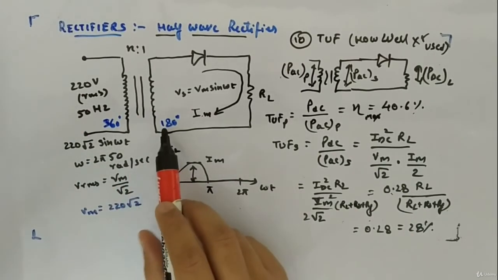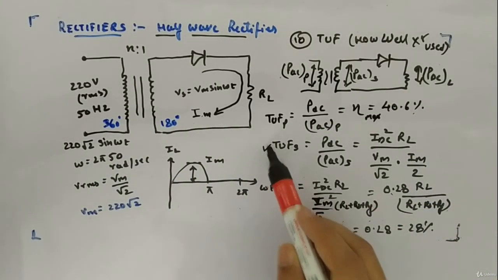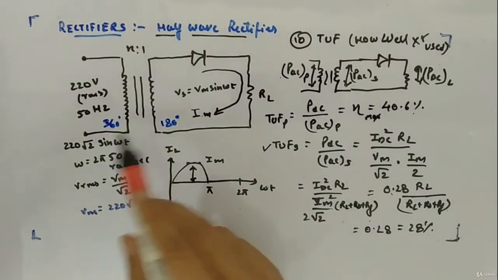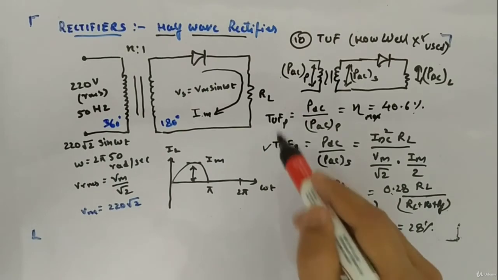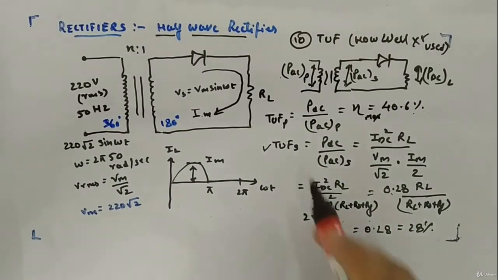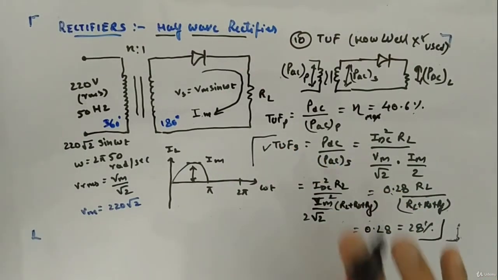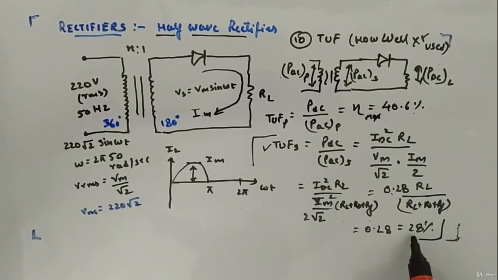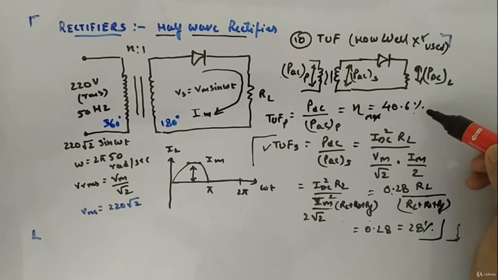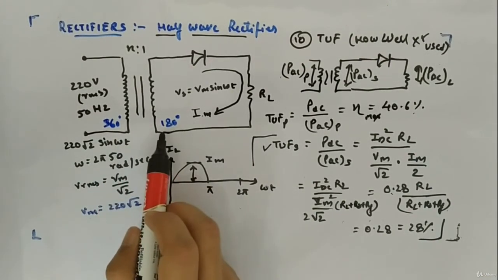Okay, you can see that. Because of that you choose only the secondary one, this guy. If there is no phase difference between these two, you will take the average of these, which will happen in a full wave rectifier. But here you will have only this guy. So the transformer utilization factor for a half wave rectifier is 28%, not 48.6%, because there is a difference in the phase.